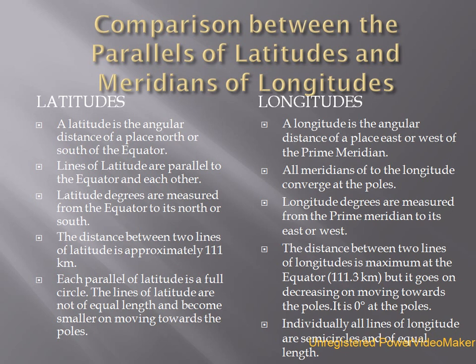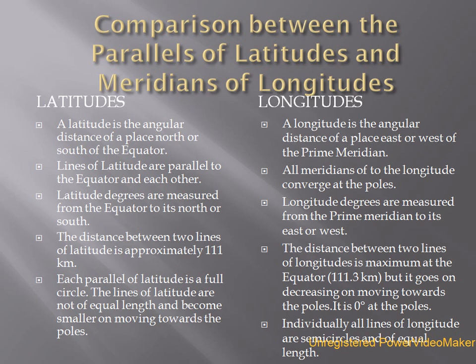Latitude degrees are measured from the equator to its north or south. Longitude degrees are measured from the prime meridian to its east or west. The distance between two lines of latitude is approximately 111 kilometers.